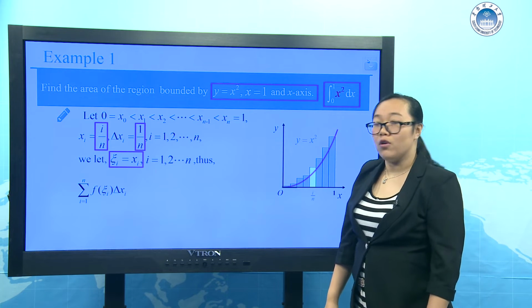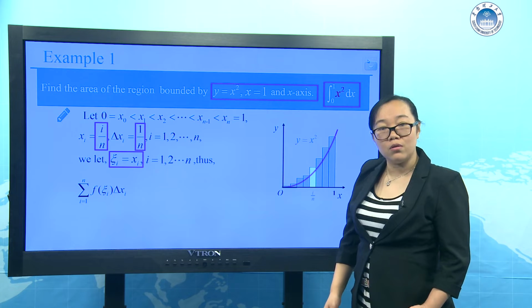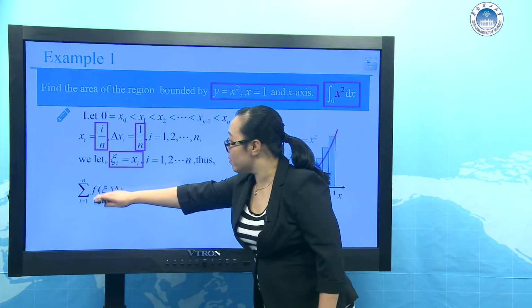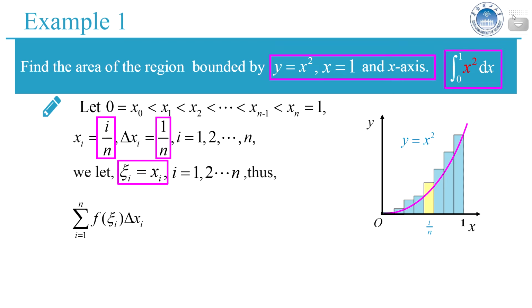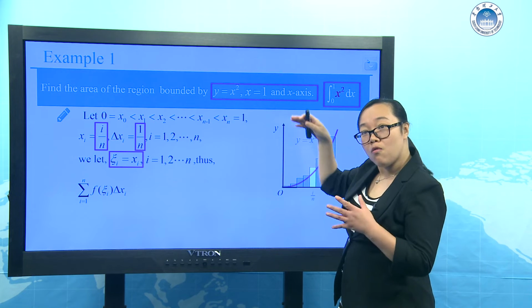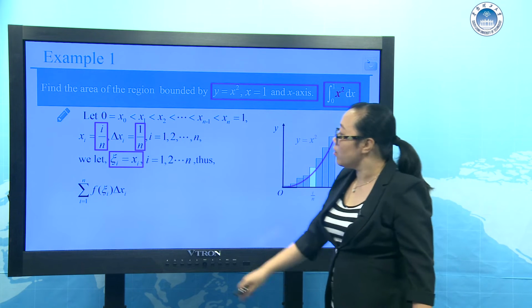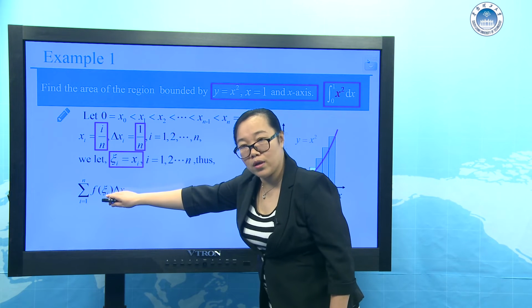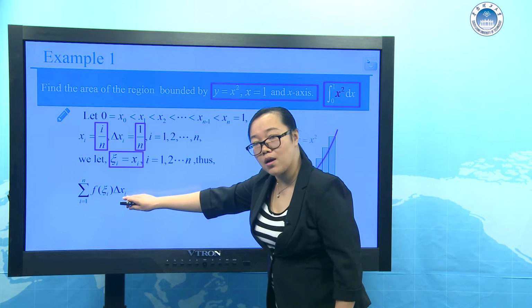And then we have the integral sum: the summation from i equals 1 to n of f of xi star times delta xi. Thinking of the question, look at what our f of xi star is. Yes, xi star equals xi. f of xi star, what? Yes, f means x squared, the variable squared. So this part means xi star squared. How about delta xi?